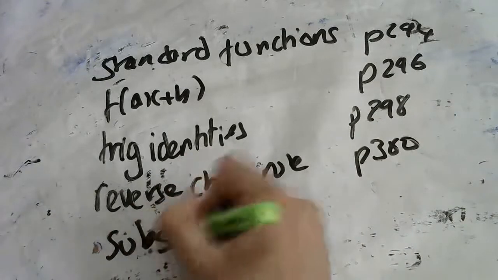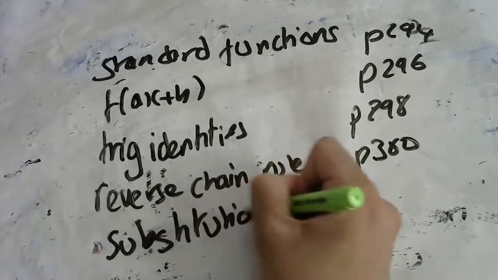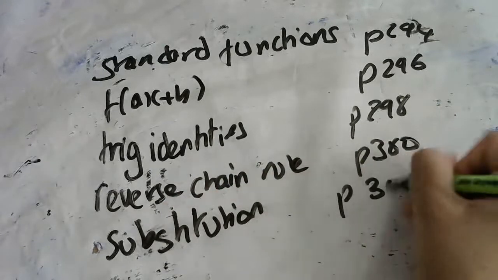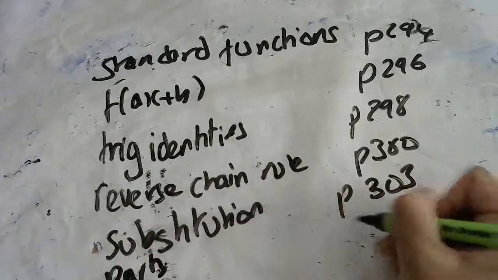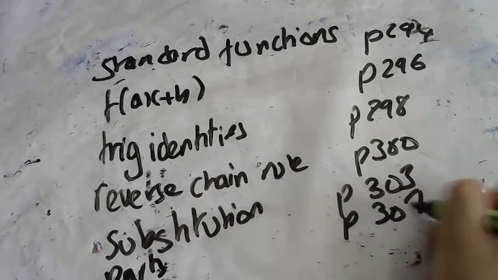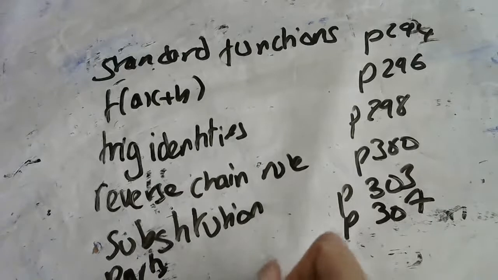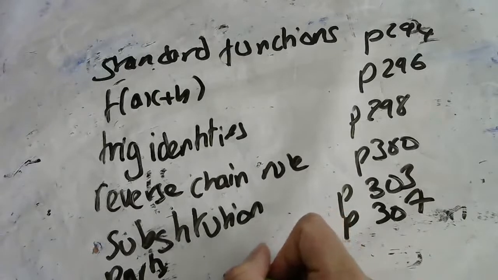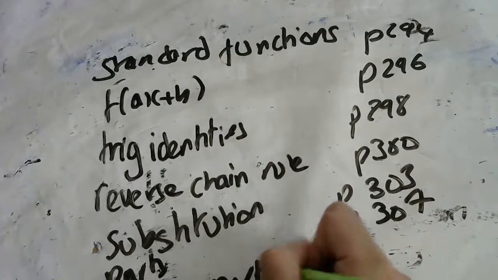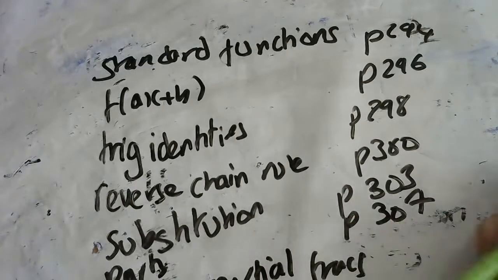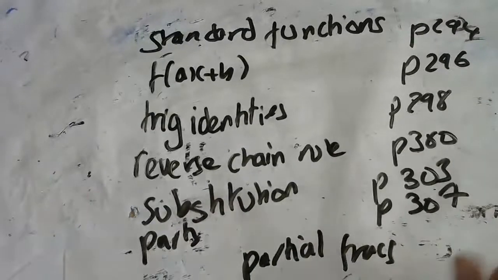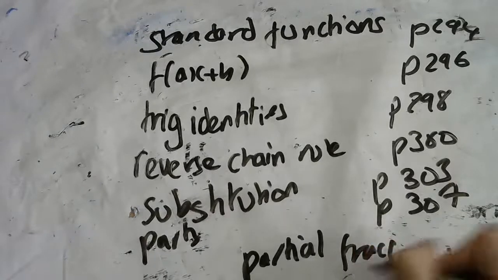Substitution on 303. And parts 307. We're kind of running out of space there. And the last one, I'll just pop it here so you can see it easily, is partial fractions. So partial fracs. I'll move that down so you can see that a little bit better. Partial fractions on page 310.